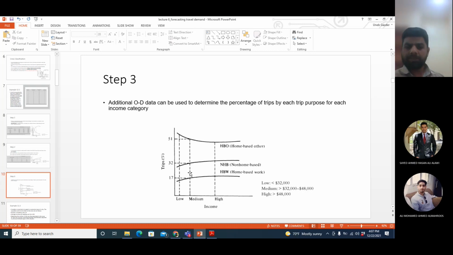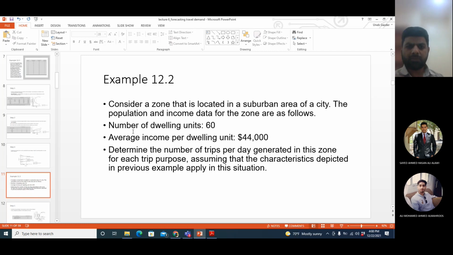So how many trips were taken from home to somewhere else, how many trips were generated from facilities which were not homes, and how many trips were taken from home to work. Okay, so percentage of trips, origin destination data, which included only the income and the type of trip taken by that person. Okay, so on the basis of that, they developed this graph as well.